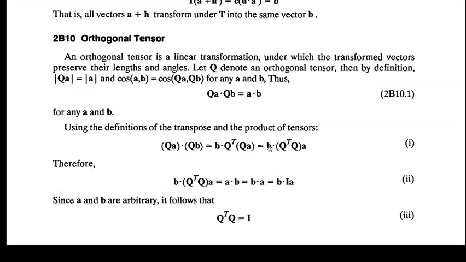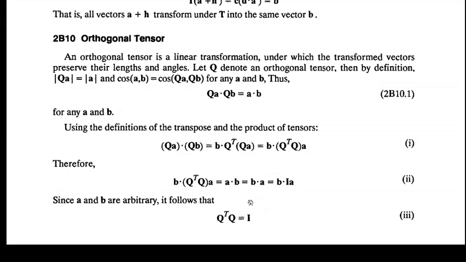Because we know that B dot Q transpose QA equals QA dot QB, and this is equal to A dot B. So we can write B dot Q transpose Q A equals A dot B, and this can be written as B dot A, and this also can be written as B dot IA, where I is the identity transformation, since A equals IA. So this can be written as B dot Q transpose QA equals B dot IA.